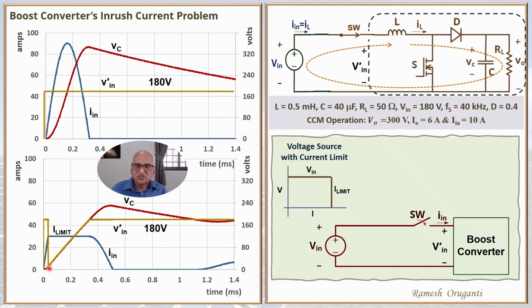Then you have constant current flowing. Because the current is constant here, the capacitor voltage and the source voltage are the same. So the source voltage V dashed in follows the capacitor voltage until the source voltage reaches 180 volts. The source voltage cannot go higher than 180 volts and the power supply comes out of the current limit mode.